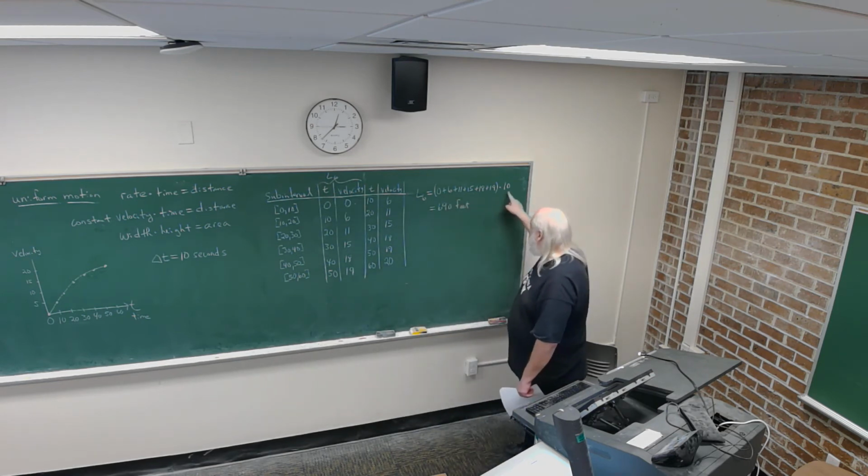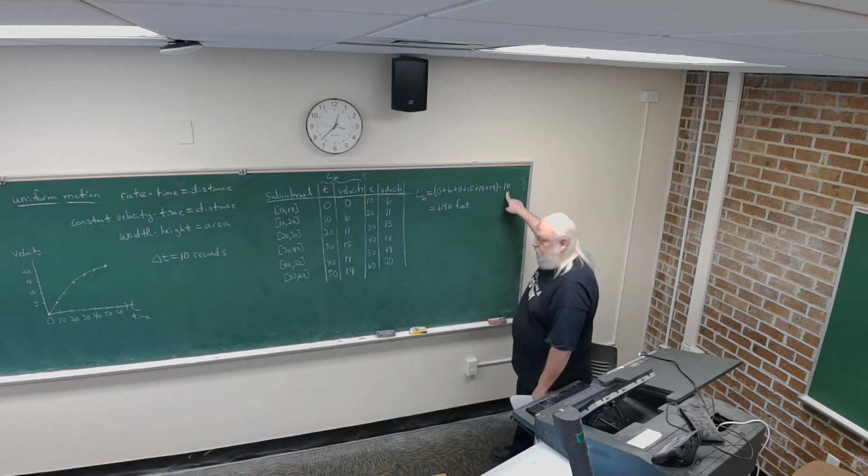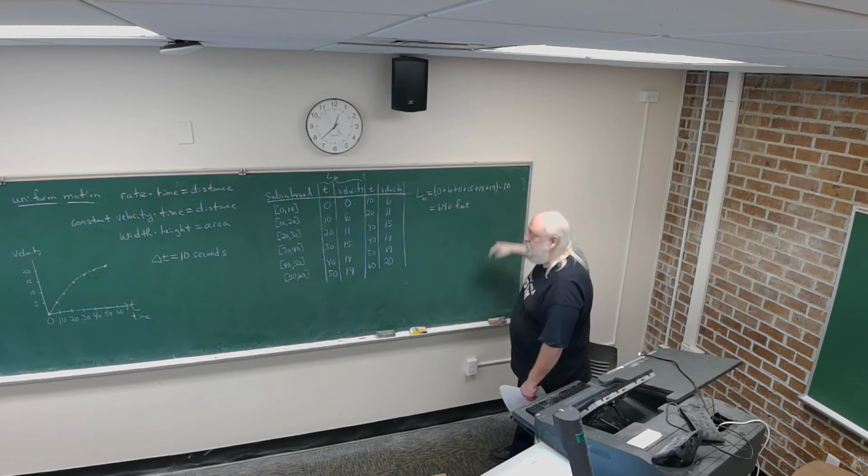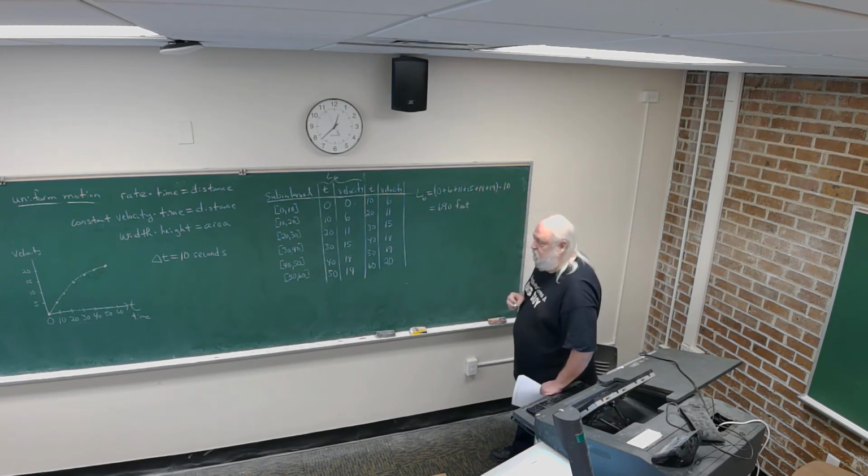So 0 times 10 is our estimate of how far the runner ran in the first 10 seconds, which is 0 feet. 6 times 10 is our estimate of how far the runner ran in the second time interval, and so forth.